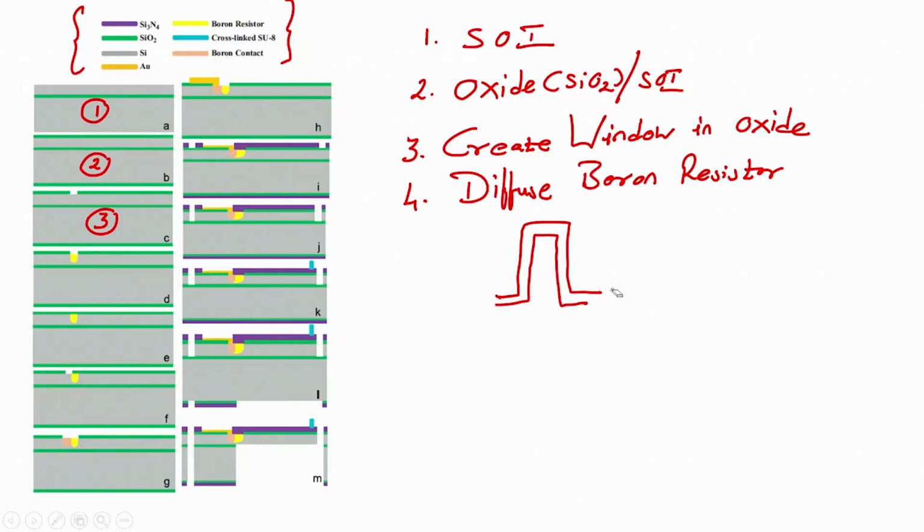This is the top surface. Which one? Point number 3. Here, this one.